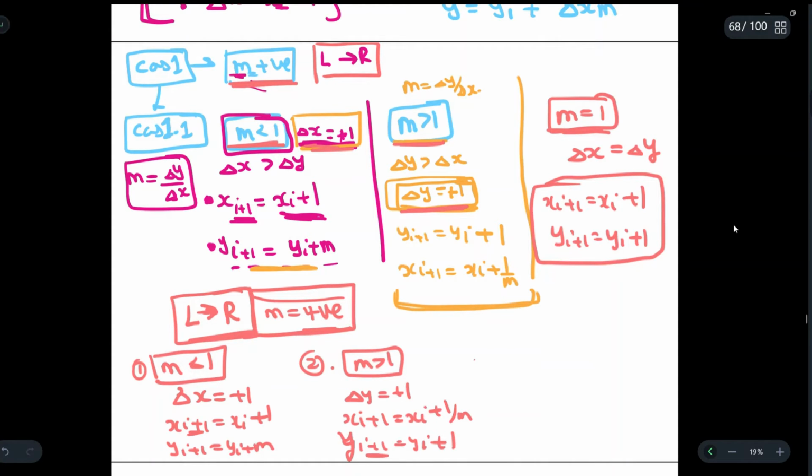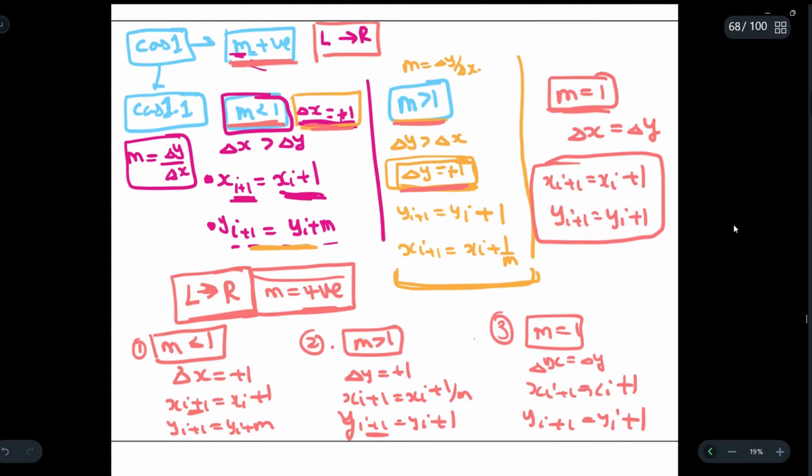Now the third and last case is m is equal to 1, in which we will take del x is equal to del y, or we can simply write that the next x coordinate will be xi plus 1 and the next y coordinate will be yi plus 1. So I have written the above whole part, that is, this whole part has been summarized over here. That is the summary of the above case.